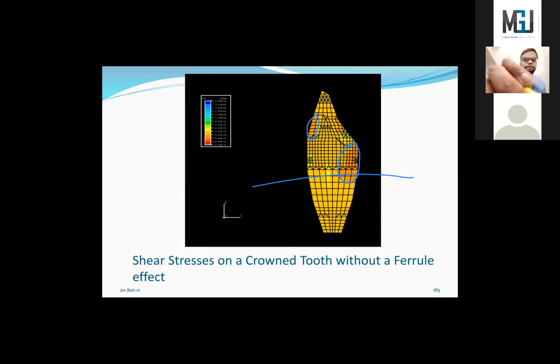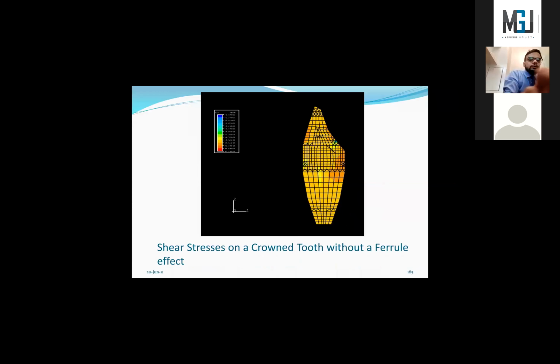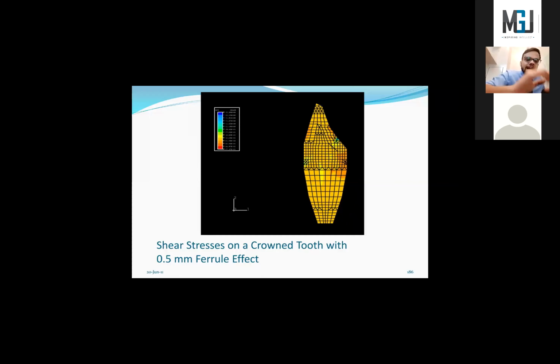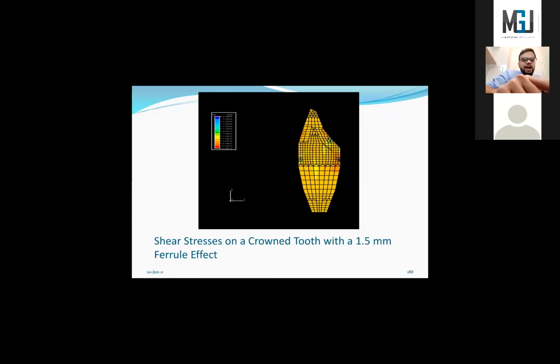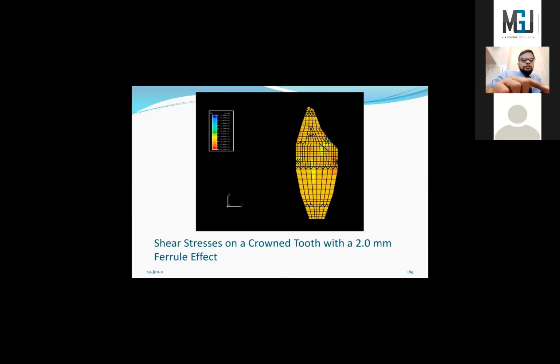So now if you have about 0.5 mm of ferrule that you've created, you will automatically notice on the palatal aspect and the labial aspect the shear forces are going down. If you have a millimeter, it's even going down. If you have a millimeter and a half, it's practically absent. And if you have 2 millimeters, it's ideal.